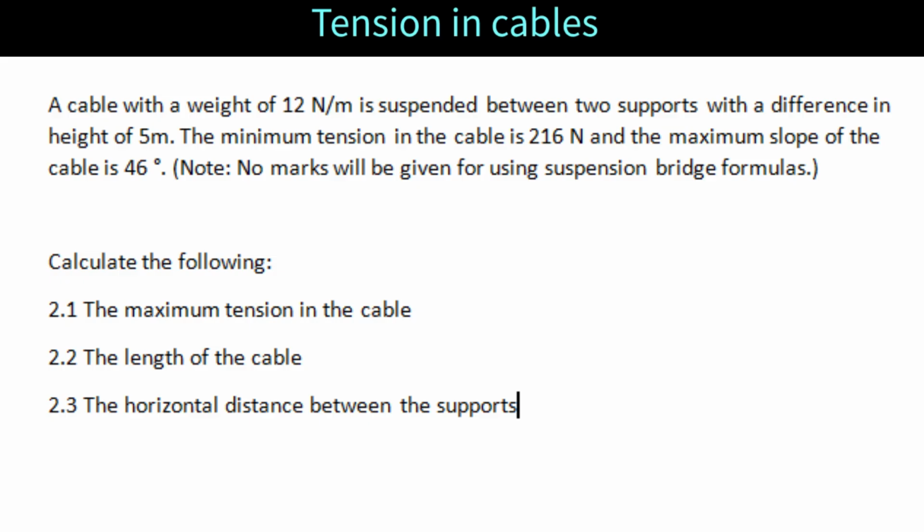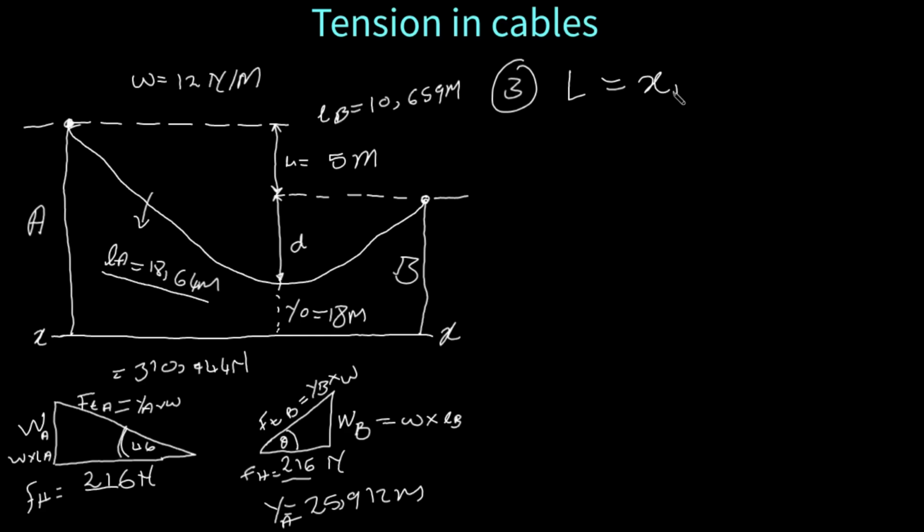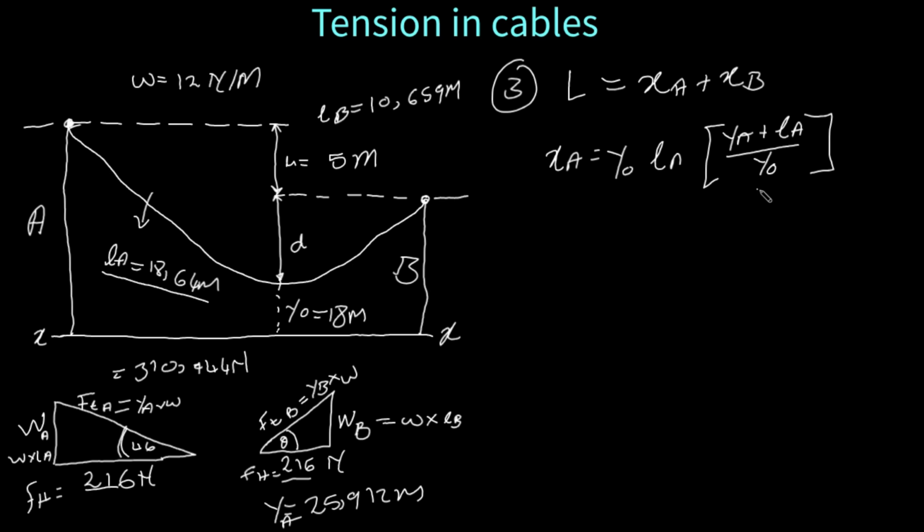The distance between the cable is XA plus XB. Our XA is equals to YO ln in bracket YA plus LA all divided by YO.